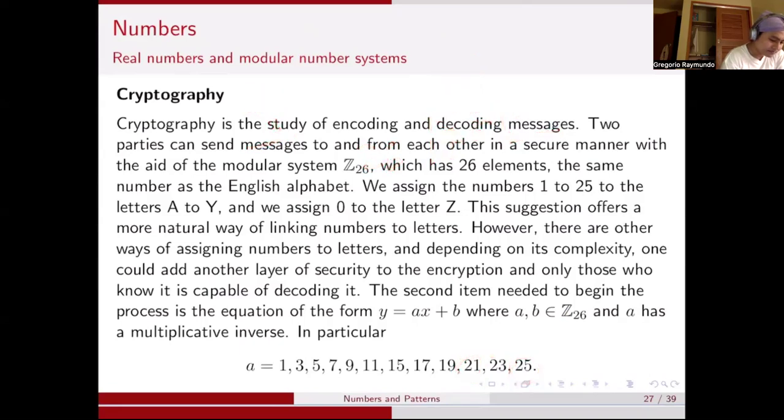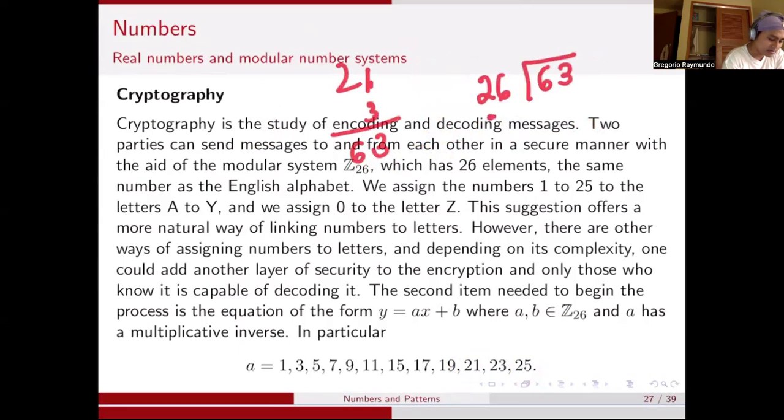Baka 19. 19 times 3. 9 times 3, 27. Hindi rin 19. Baka 21. 21 times 3, 63. 63 divided by 26.